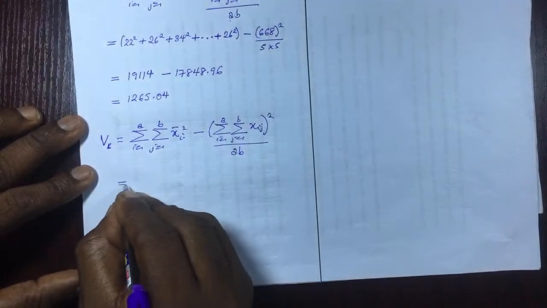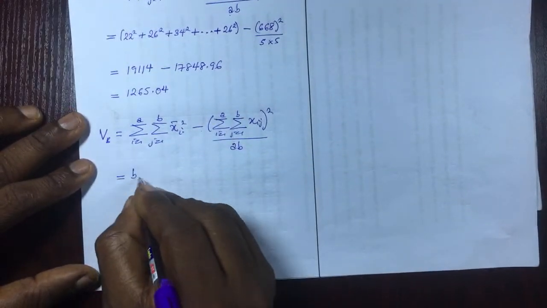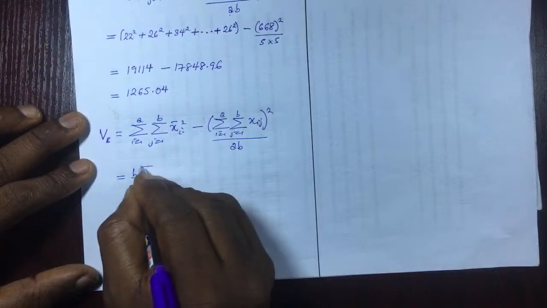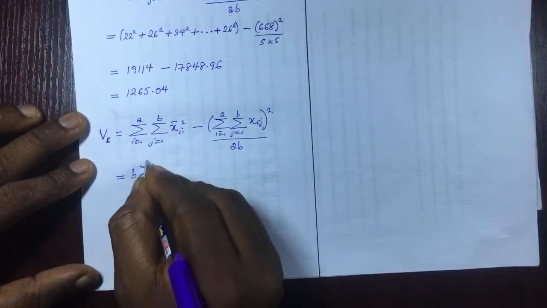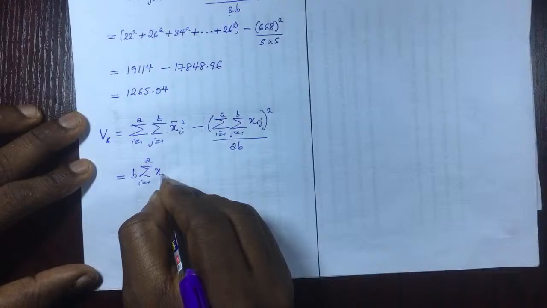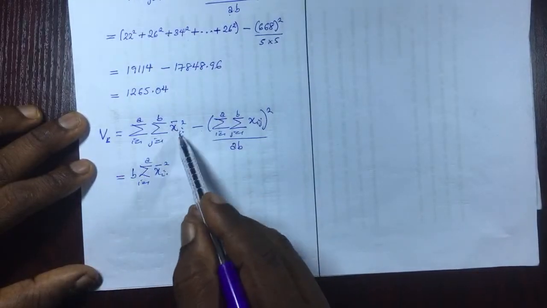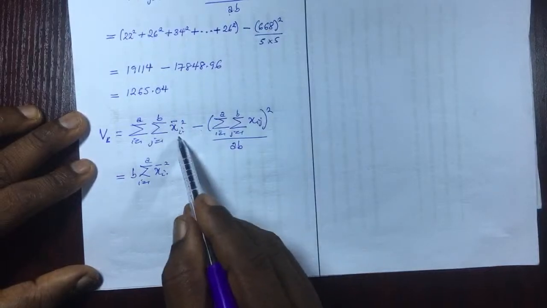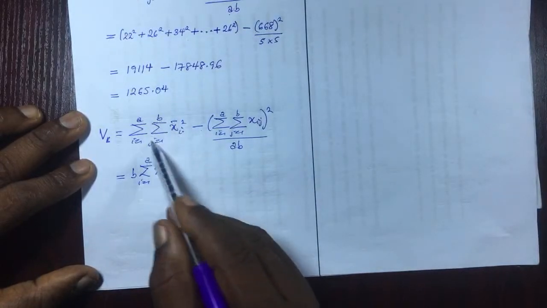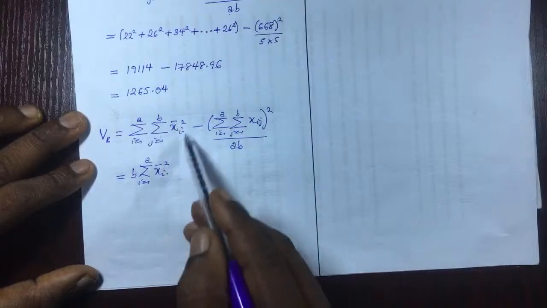Now, this simplifies to B times the summation I equals 1 to A of xi dot bar squared. Take note, this is simply because in this observation there is no J. So the J is more or less a constant.